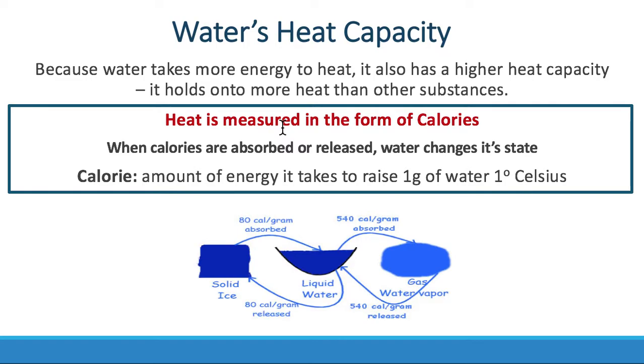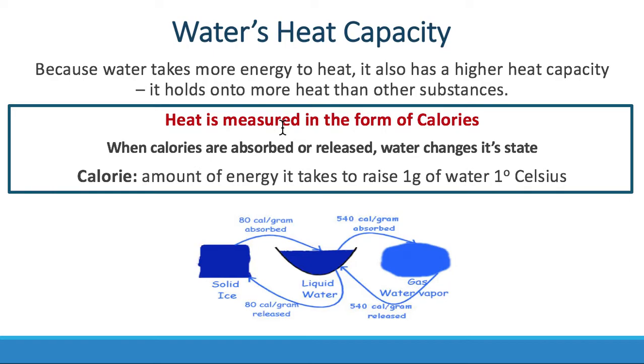So again, this heat that we expose it to is measured in the form of calories. When calories are absorbed within the substance or released from the substance, we see a change in state. As we add calories or heat to water and it absorbs it, it changes state.